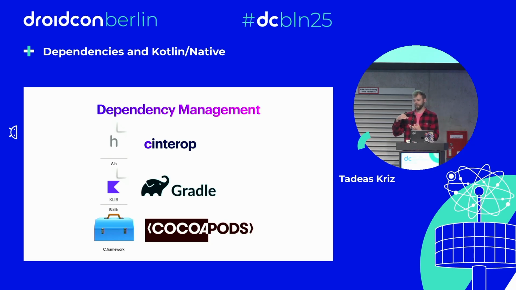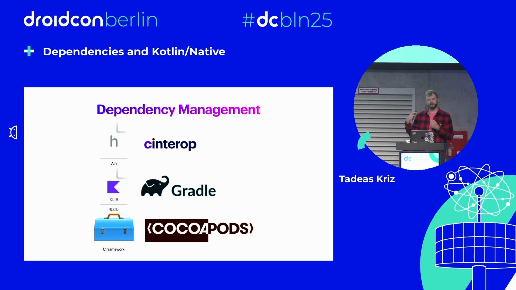We have the C interop, which we can use to give header files from other native libraries, and then it will provide us with interfaces and declarations that we can call from our Kotlin Native code.